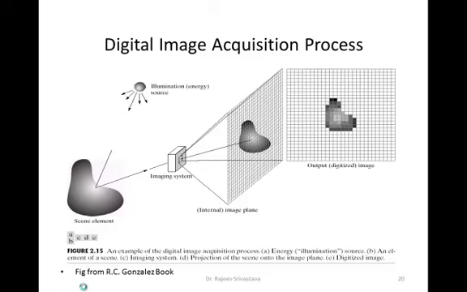But in old cameras, which use reels to capture images, the image captured is an analog, or continuous, image. To process this image by a computer, at first it has to be digitized. For digitization purposes, we use sampling and quantization.